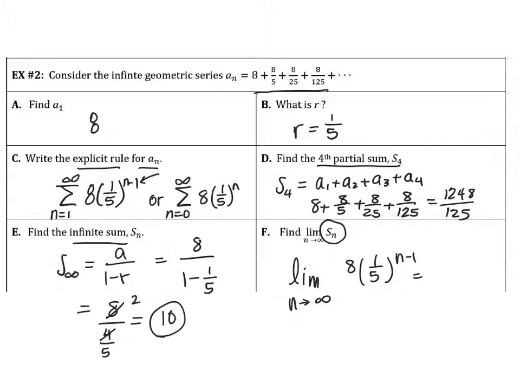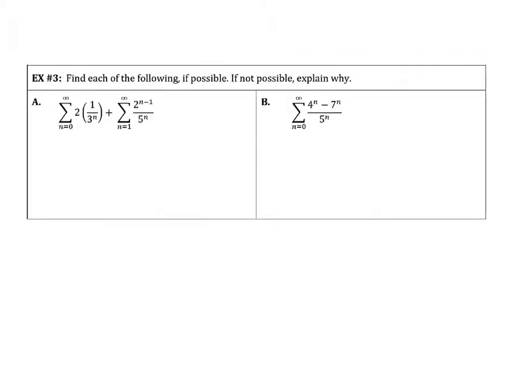And so that's really talking about here, we can rewrite that limit if we need to, as n approaches infinity of 8 over 5 to the n minus 1. And so notice that the denominator is growing without bound. So this is tending to 0.